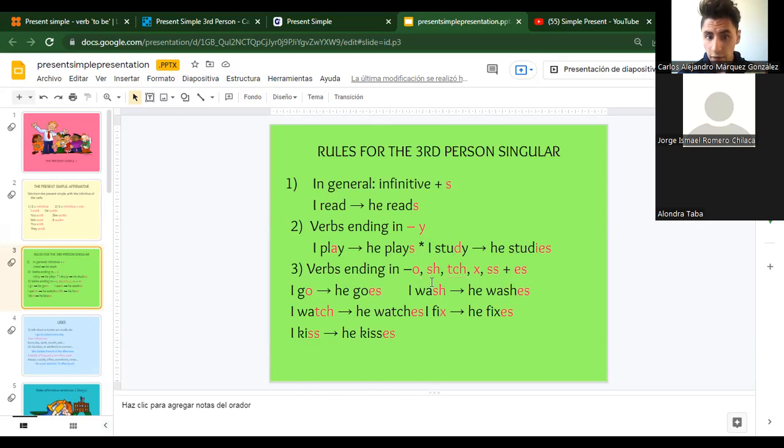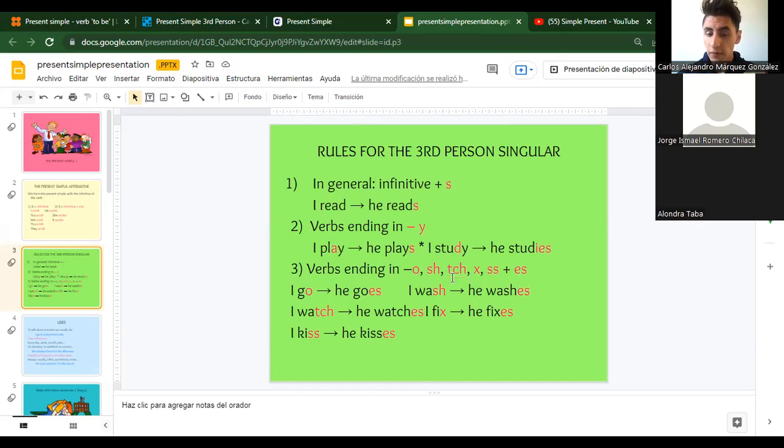When the verbs end with CH, we also add ES. Wash, which is limpiar in Spanish. He washes. Él limpia. ES, because wash ends with CH, so we add ES.